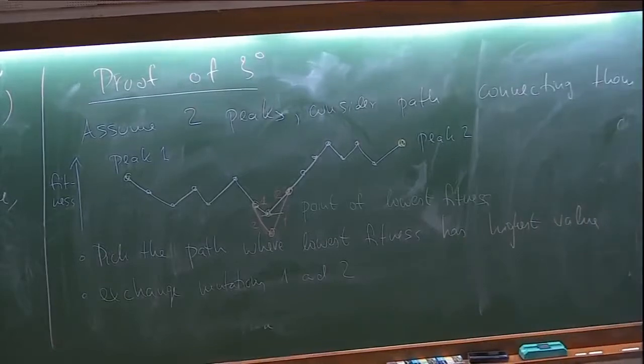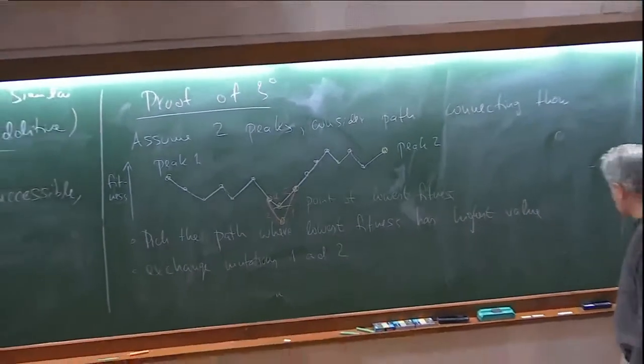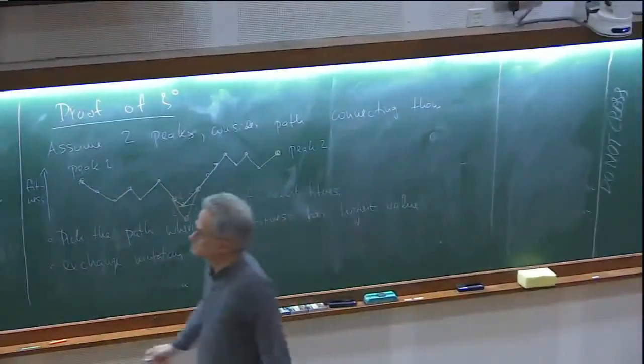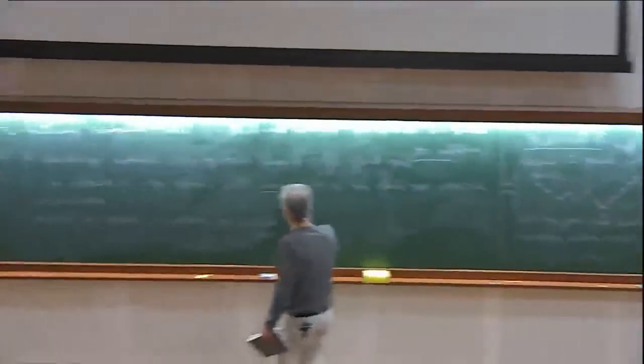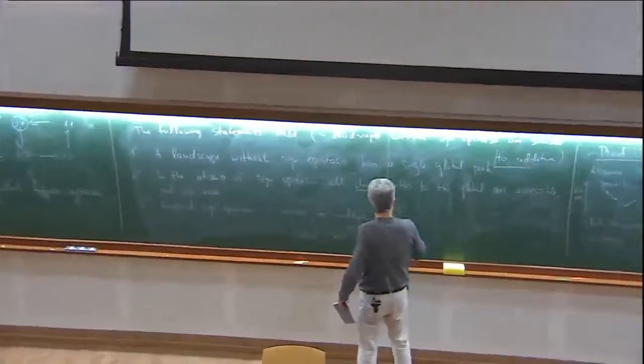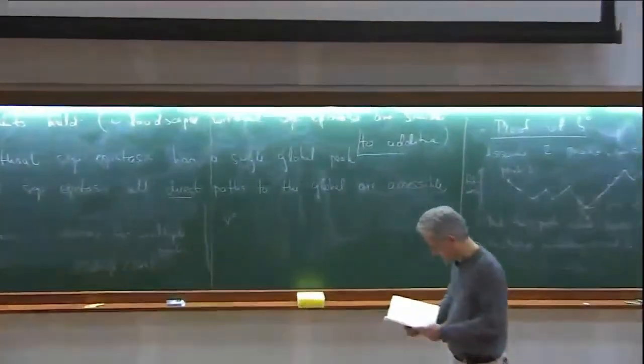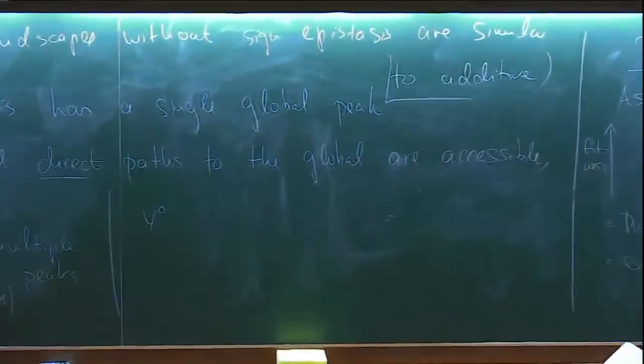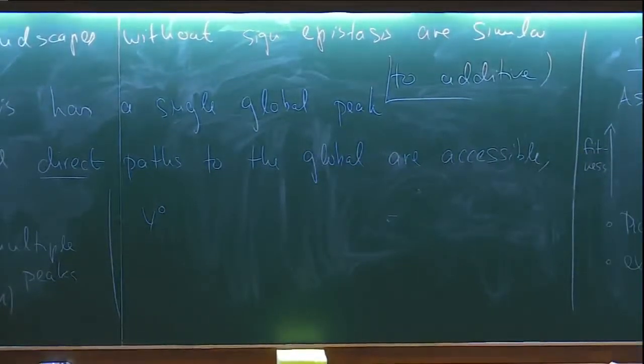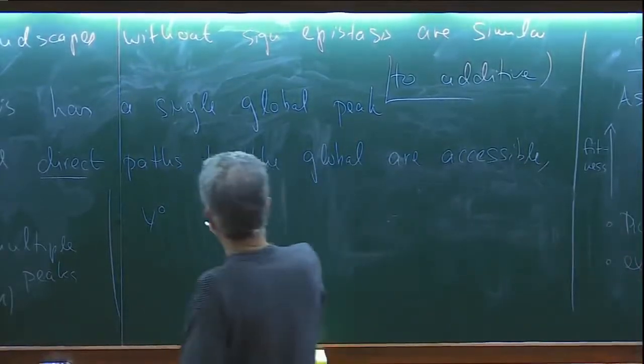Maybe I can just write it here. But it's not a very good condition. So I think there's still room for work on this problem, which is that if all the instances of sign epistasis are also reciprocal, then the landscape has multiple peaks.